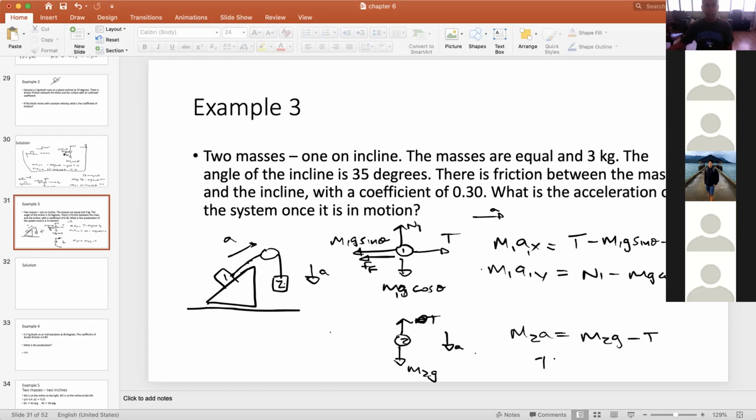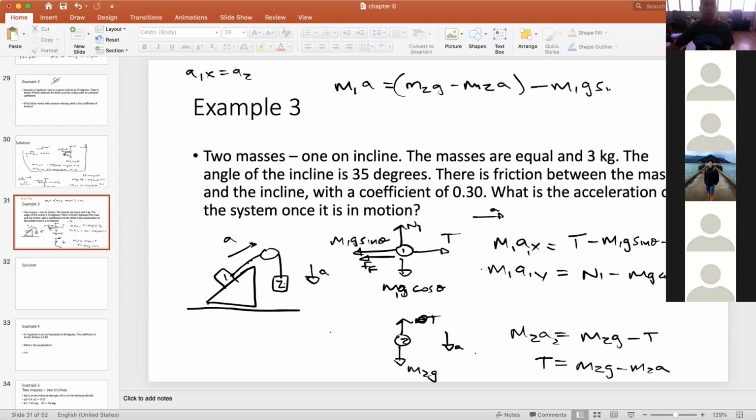Plugging T, which is m2g minus m2a, into this equation, and assuming that a1x is equal to a2, call this a: m1a is equal to m2g minus m2a minus m1g sine minus the force of friction, which is mu n1.